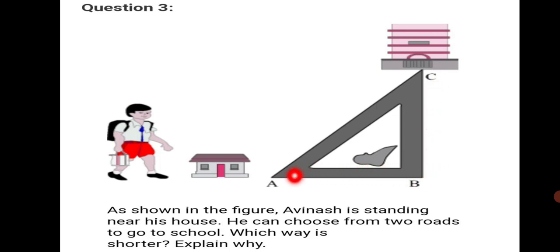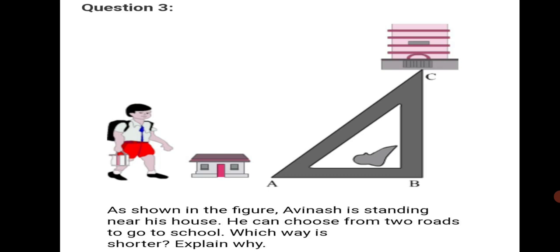Now we can see here that to go to the school, the two ways are either from A to C directly or from A to B and B to C. And the road given forms a triangle. By the property of triangle, we know that the sum of two sides is always greater than the third side.